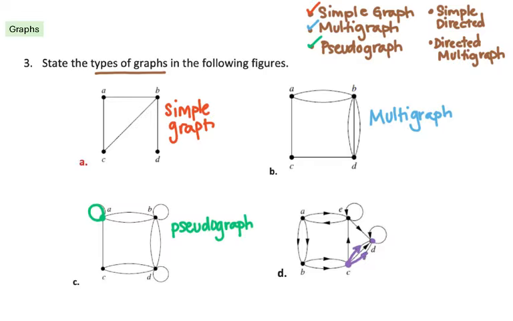Similarly, we've got from B to C a duplication. We've got two different edges going the same direction to the same two vertices. So I would call this a directed multigraph. And it is important that you know the names of the different types of graphs.